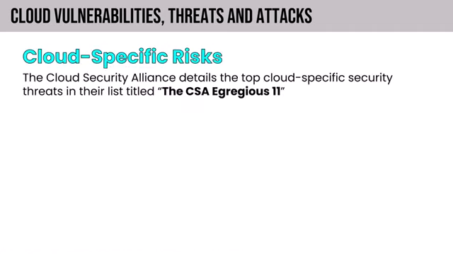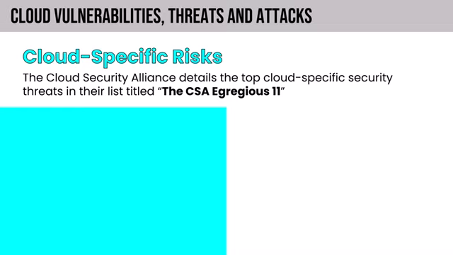Now I want to talk about cloud-specific risks. The Cloud Security Alliance details the top cloud-specific security threats in their list titled the CSA Egregious 11, and they cover the top 11 threats from year to year.